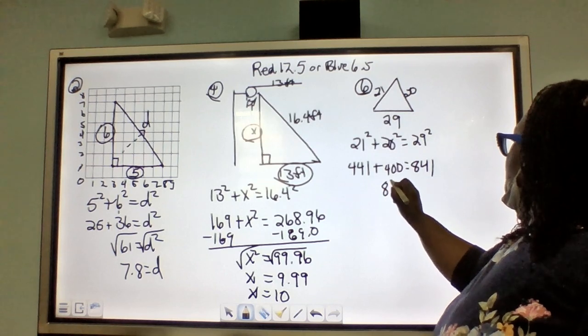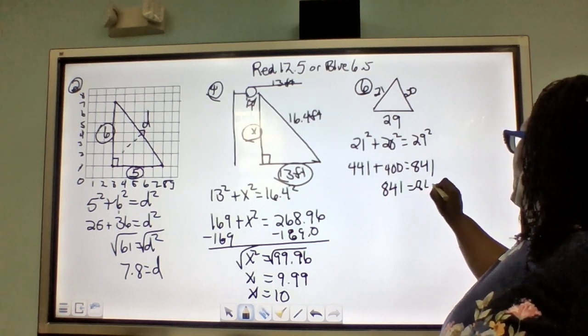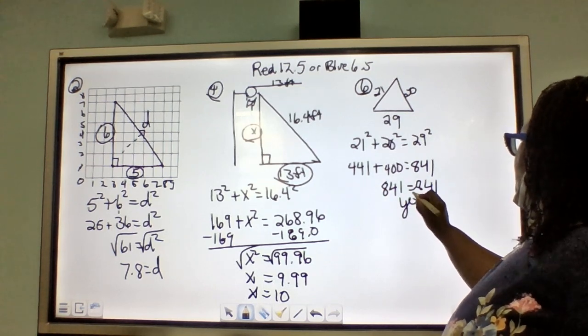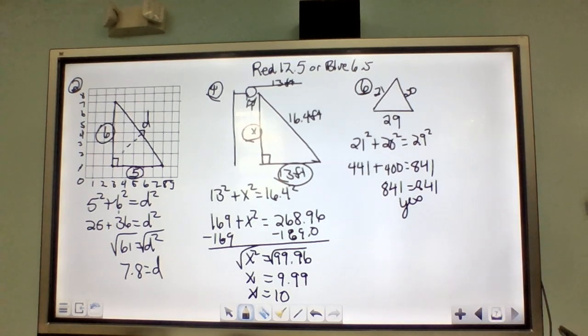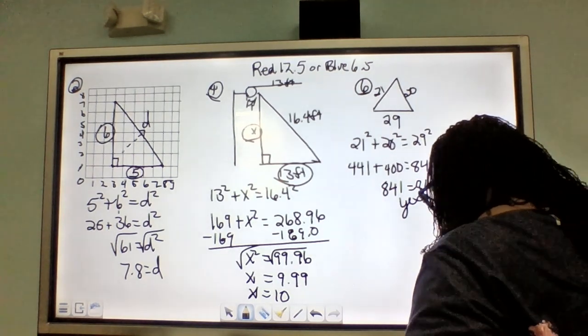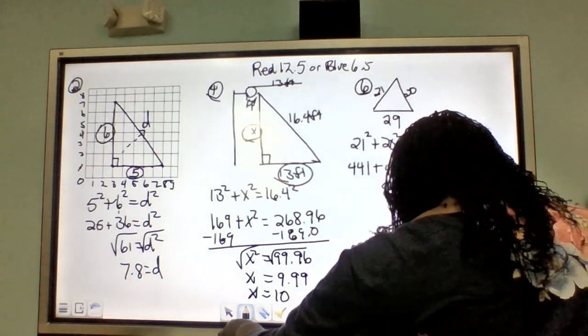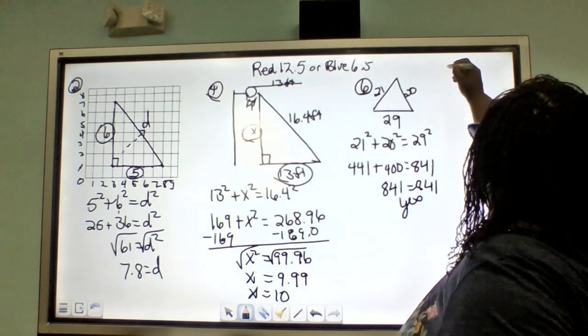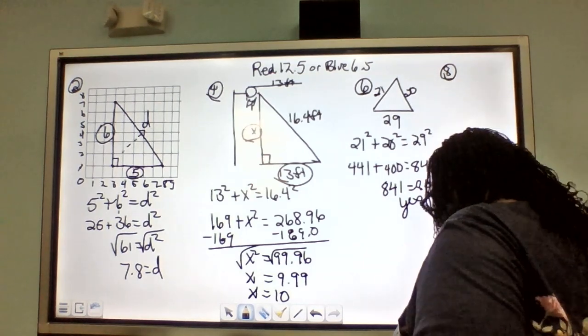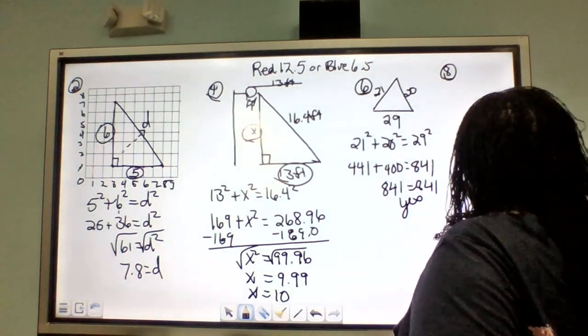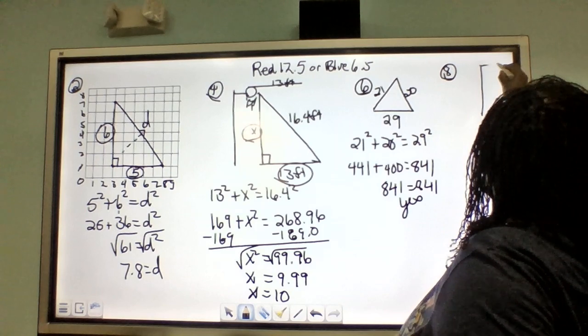Add these two together is 841 is equal to 841. So our answer is yes. Okay? And so then our last one is number 8. Here we have another diagram. In this case, we have net.